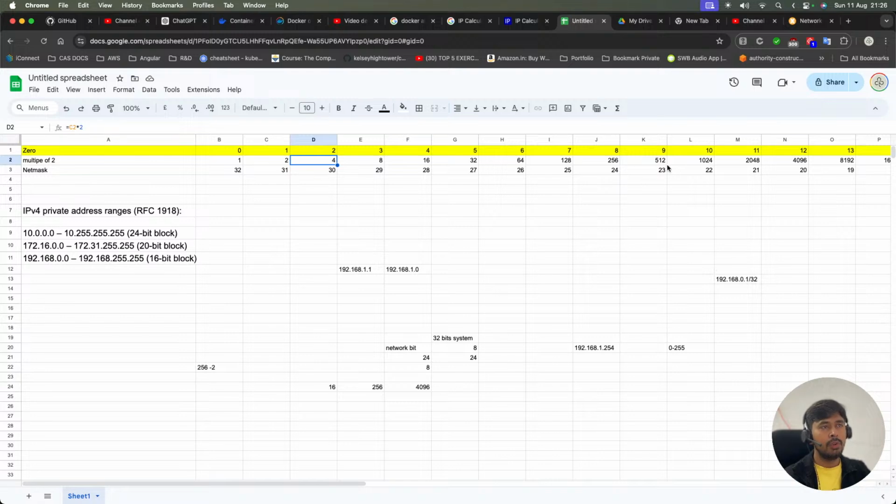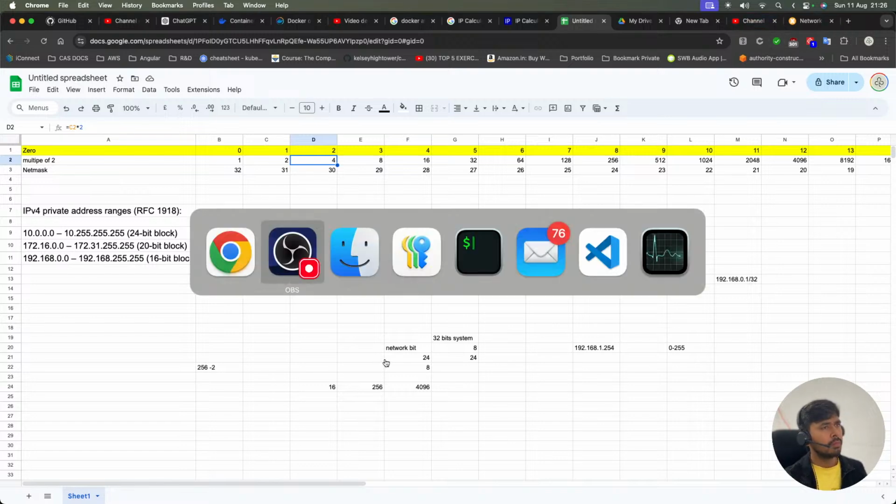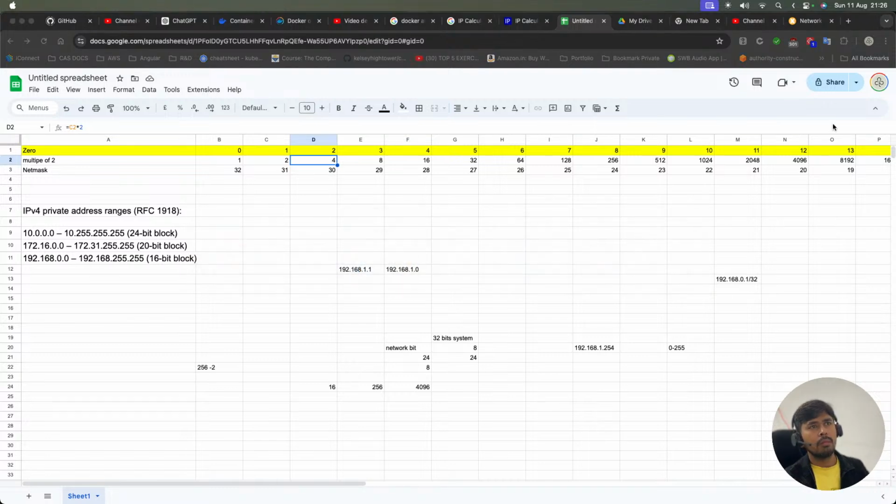If you go down, the number will increase, like 23, 22, 21. If we decrease it, then the host addresses will be reduced. This way, this is a short summary of how to do networking.